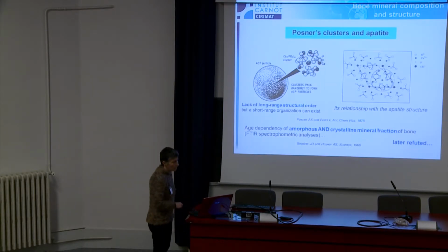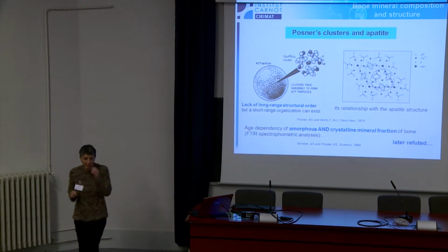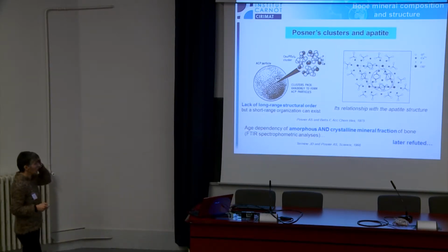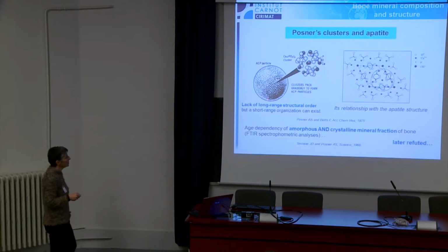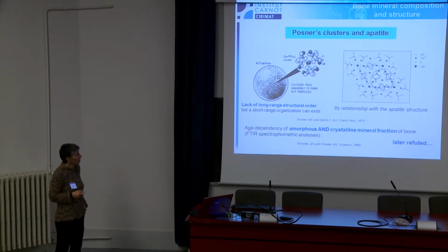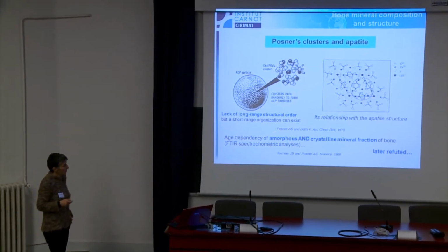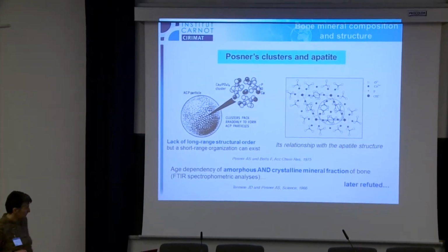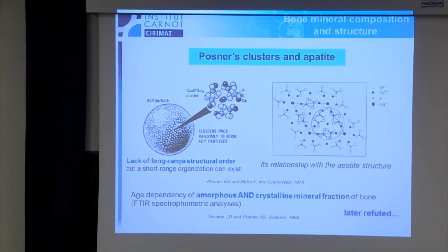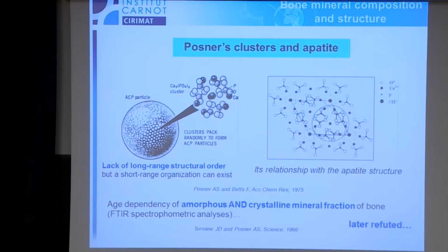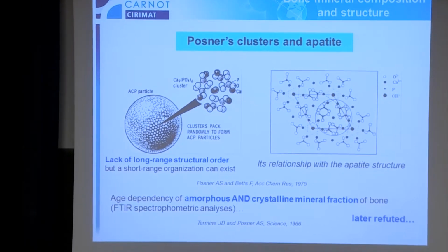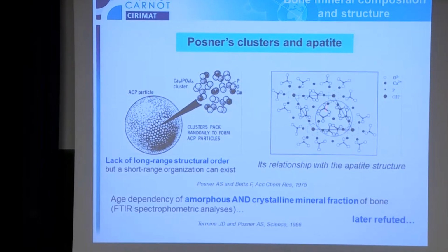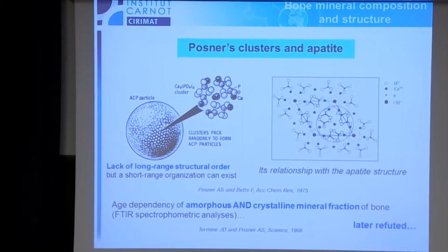One illustration, from an old study, is the cluster proposed by Posner, showing a lack of long-range structural order. Here we can see the relationship of this amorphous calcium phosphate cluster to the apatite structure.